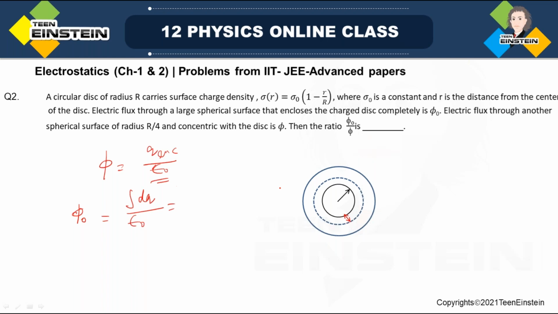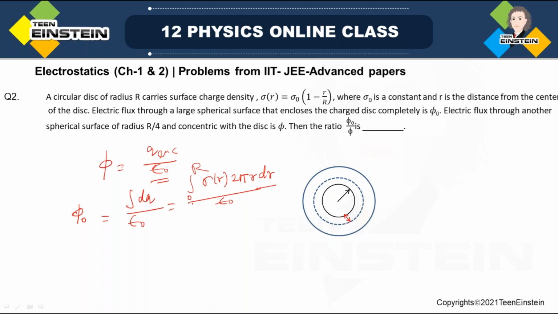What is this dq? It is the charge enclosed by the spherical surface which is outside. Outside means I can take the limit 0 to capital R, and dq I can write, since it is a disk, area 2 pi r dr into sigma, with epsilon naught in the denominator.